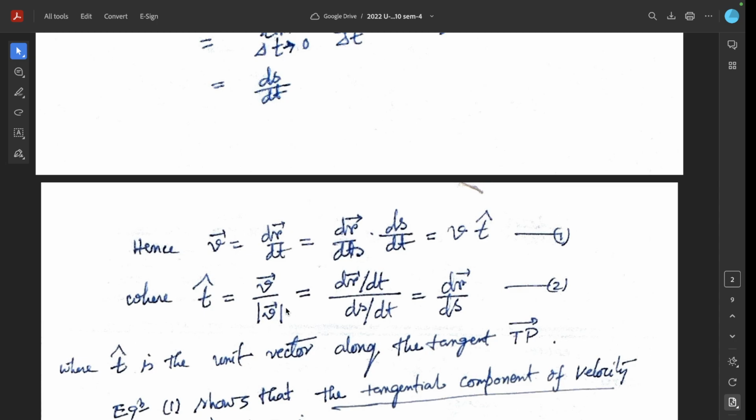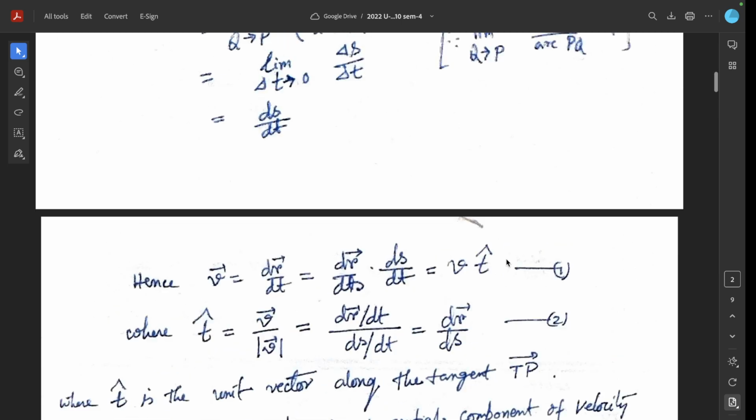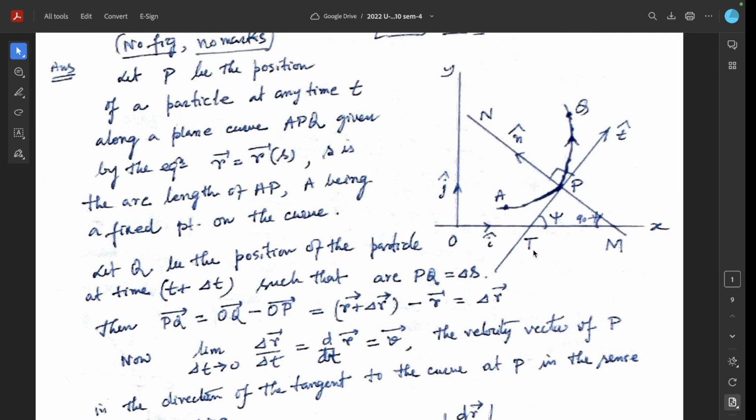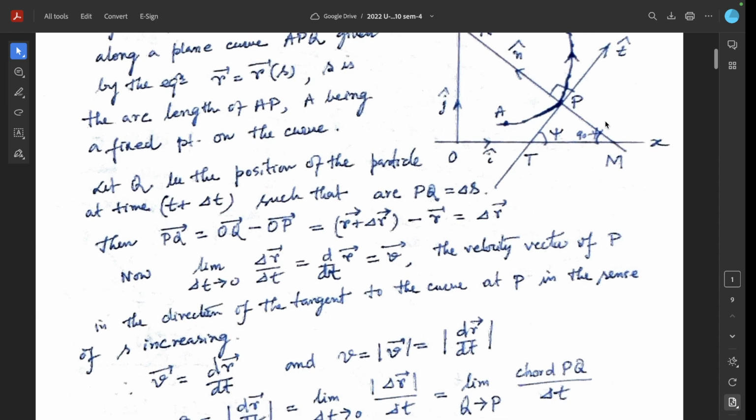So v vector by modulus of v, that is d/dt of r vector by magnitude v which is ds/dt. So d/ds of r vector equal to t cap, the unit vector along the tangent.